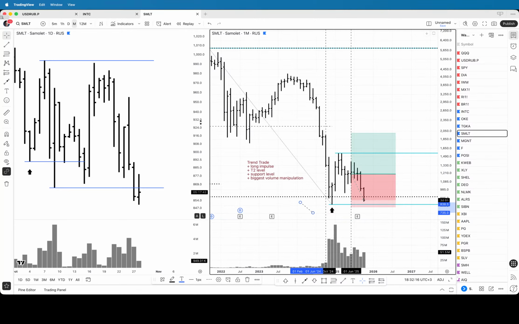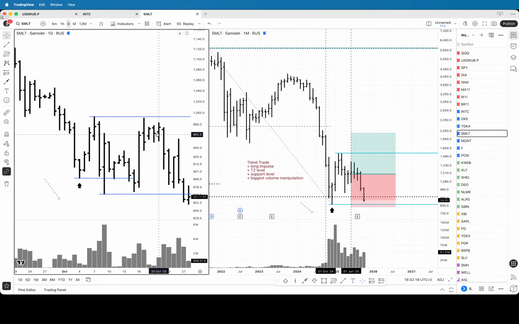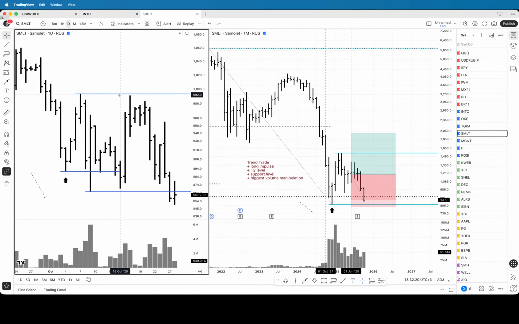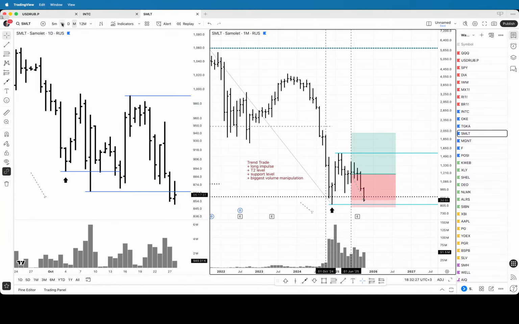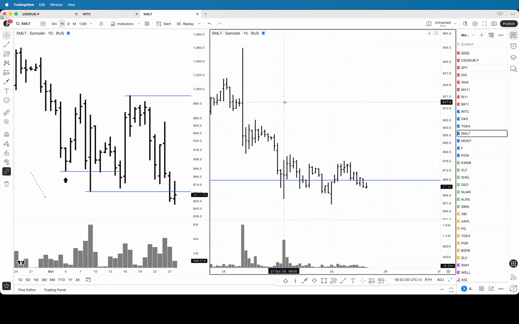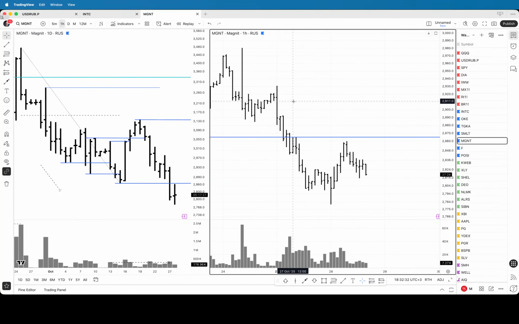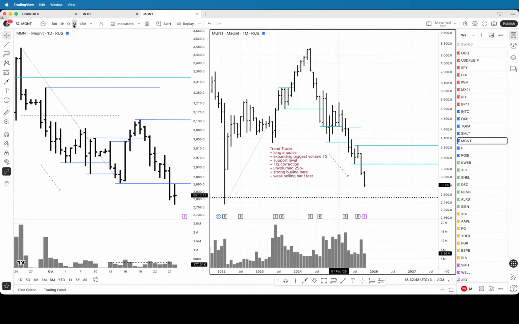Really. Volume T1, volume spring, change direction. Now the level.